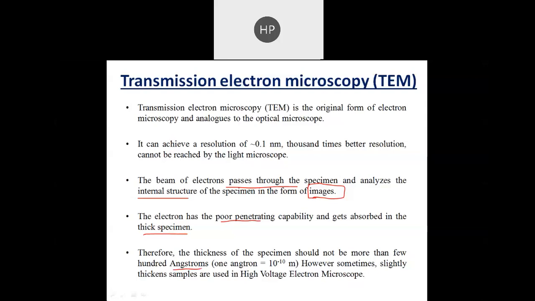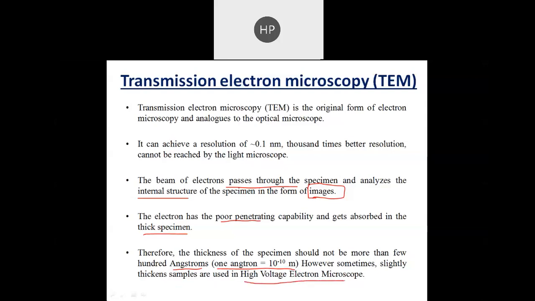A few hundred angstrom, and we know that 1 angstrom is equal to 10 to the power minus 10 meter, so a very small dimension, and we have to prepare such a small sample for the TEM. That's why how to prepare the specimen is one of the very important parts. However, sometimes thicker samples are used in a high voltage electron microscope.